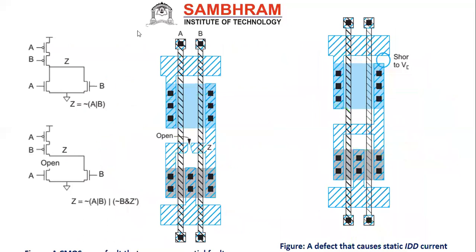Here, this is a NOR circuit. You see the corresponding layout diagram. Here is an open circuit. This will also happen if you are not connected properly here. In the same way, this is a short circuit.